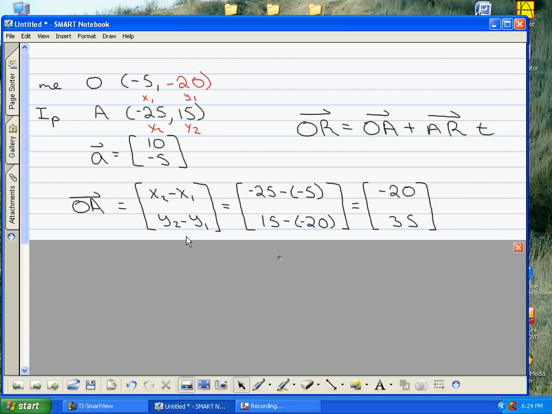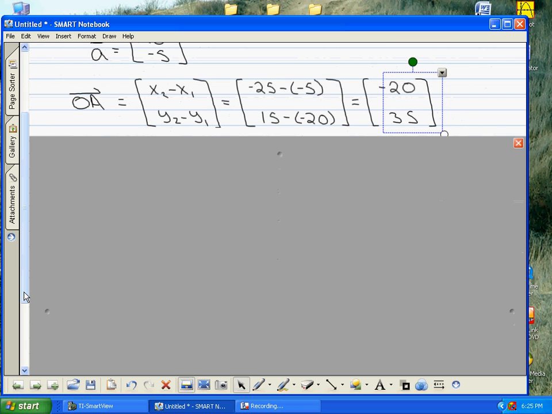There's that one thing I told you to be careful about, because sometimes you want to compute y2 minus y1 over x2 minus x1. I plug in my points. Here I have x2, y2, x1, and y1. Come over here, and I get that vector, negative 20, 35.